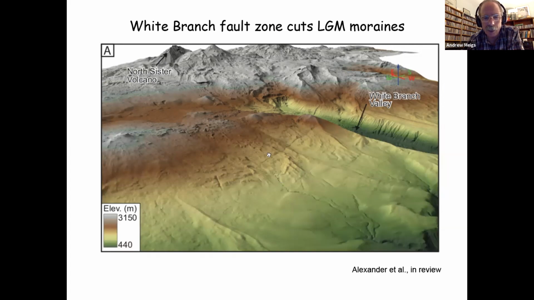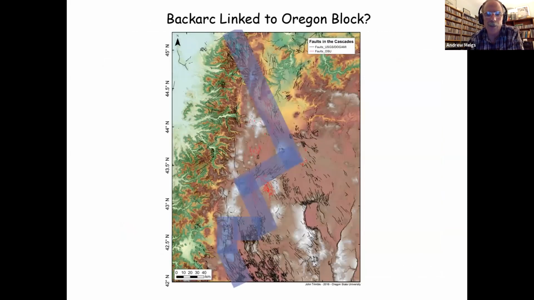But what you see here that's important are all of these faults in what's being called the White Branch Fault Zone, which cross-cuts glacial topography and lava flows that are both within the White Branch Valley and on the shoulder to the northeast. So these are active faults permeating the Cascade Arc.